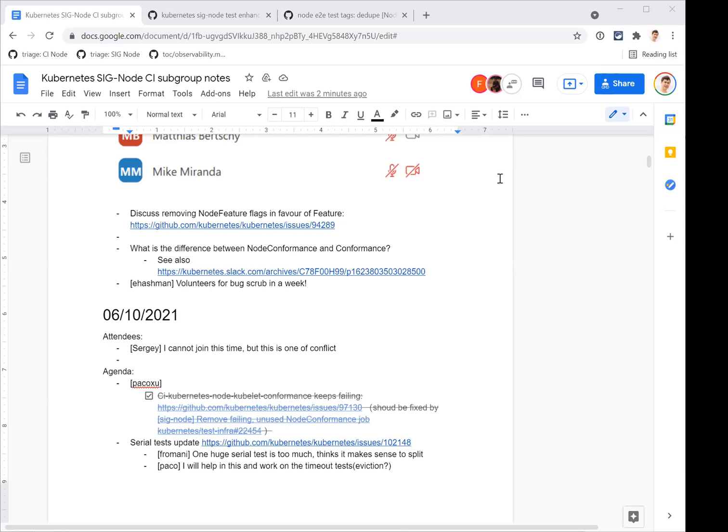In my experience going through a lot of this stuff, CI is not the first thing on people's minds and people forget. They say, oh, I've GA'd the feature, and then they don't go back to update the test tags or the CI jobs. It's not that people are deliberately trying to have them in separate tests. It's that people just forgot to update the test to add them to the full suite.